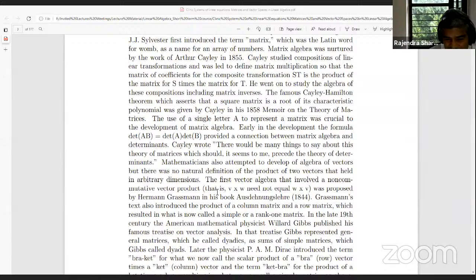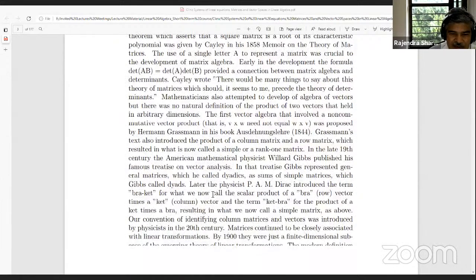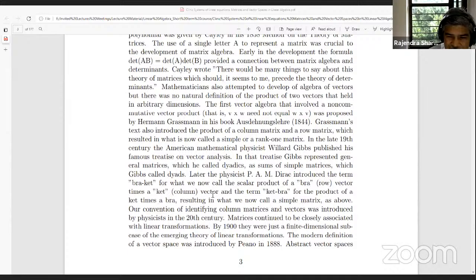Later, Dirac, the famous physicist, introduced the term bracket for what we call the scalar product of a bra, that is a row vector, times a ket, that is a column vector, and the term bracket for the product of a ket times a bra, resulting in what we call a simple matrix. Our convention of identifying column matrices and vectors was introduced by physicists basically in the 20th century.